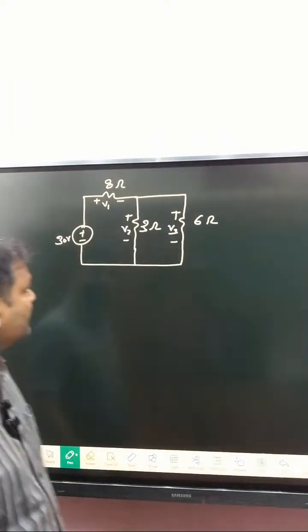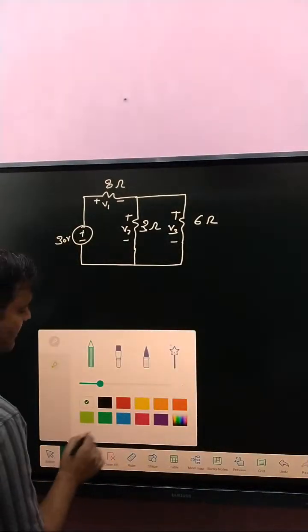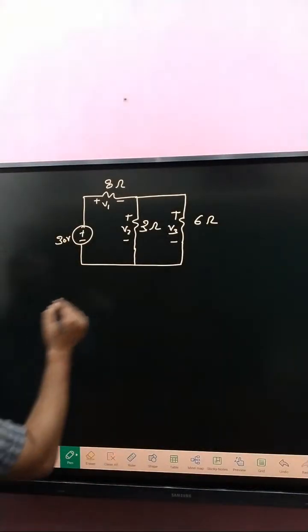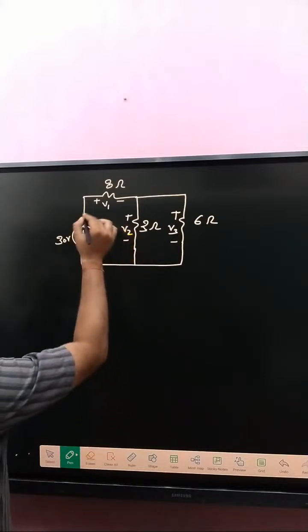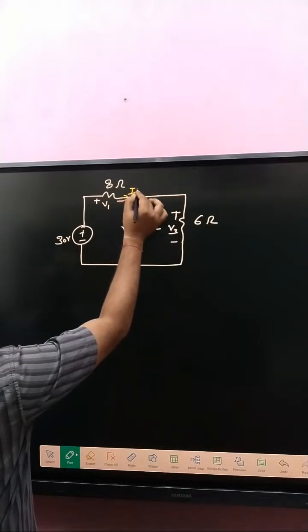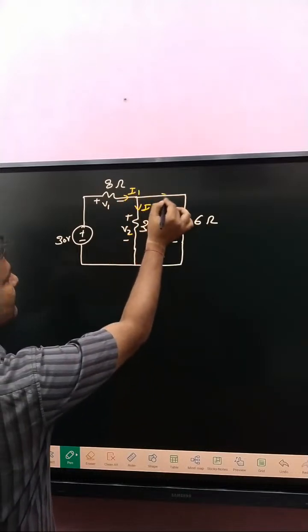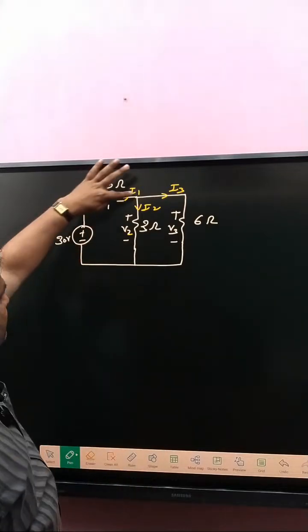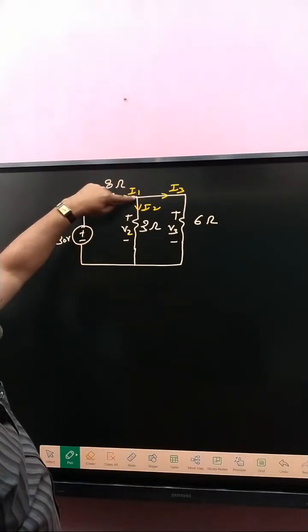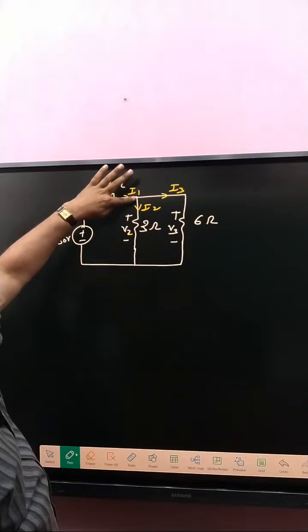Today we'll focus on V1, V2, V3. Now, how can I do it? First of all, let us consider current I1 here, I2 here, and I3 here. The algebraic sum of current at any node is always 0.